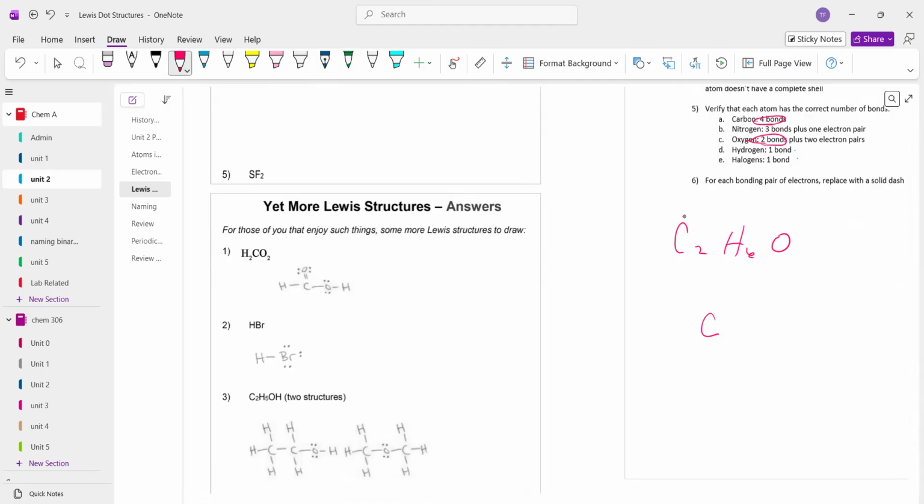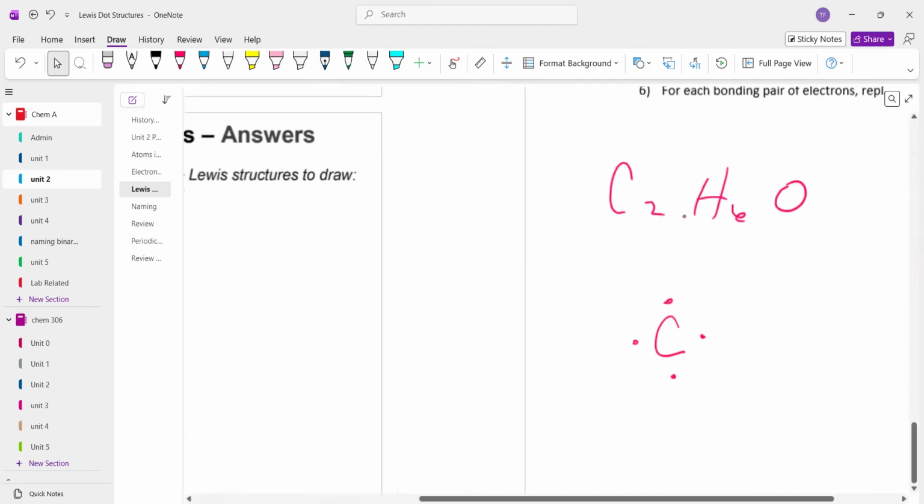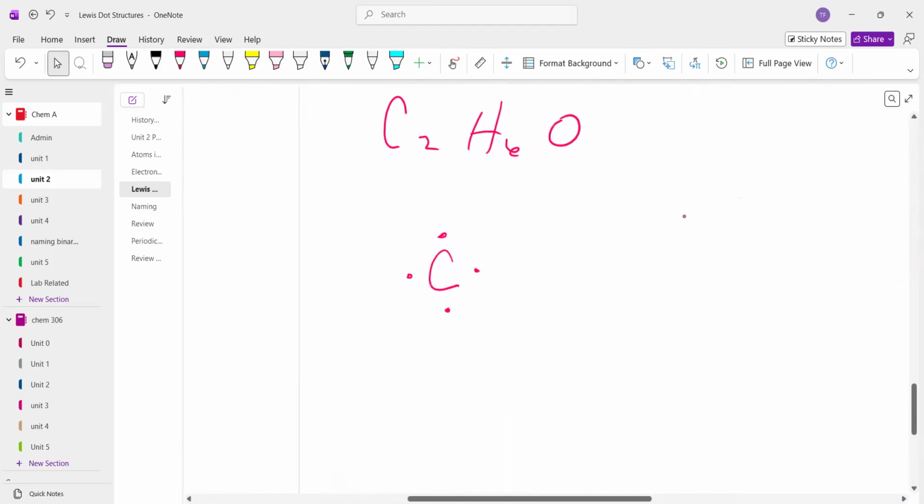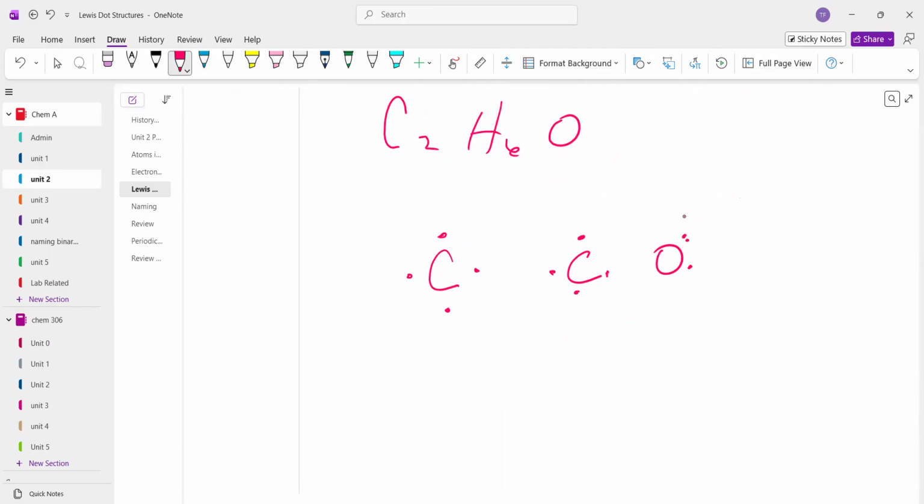All right, so we're going to go carbon, carbon. And the oxygen we can put anywhere, left or the right. Let's just throw it onto the right. And then we have 6 H's scattered around the perimeter.